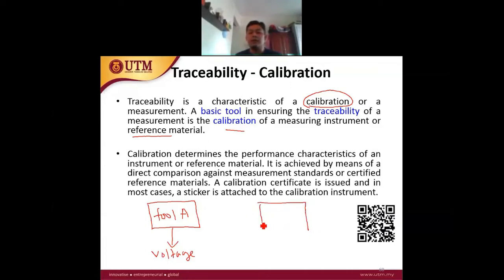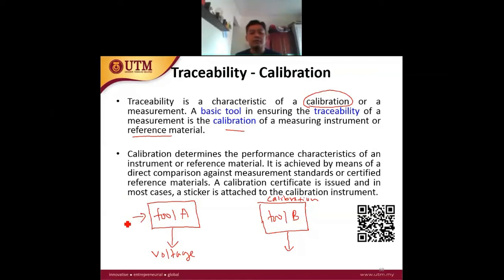So that's why in a certain company, they will keep a tool B. Tool B is kept especially for calibration, none other than that. So tool B will be used to measure voltage.